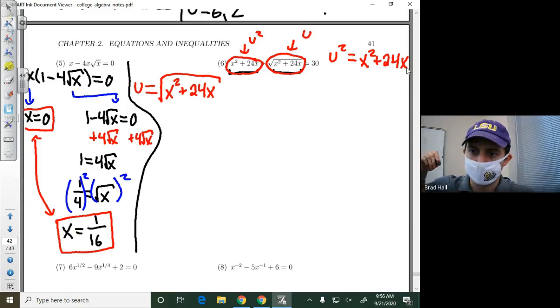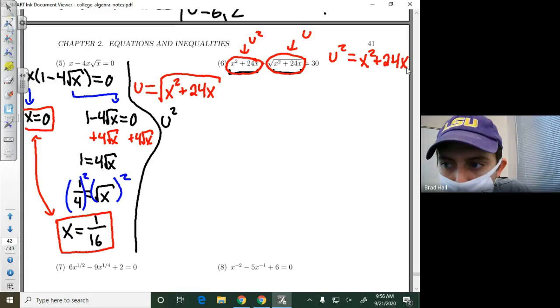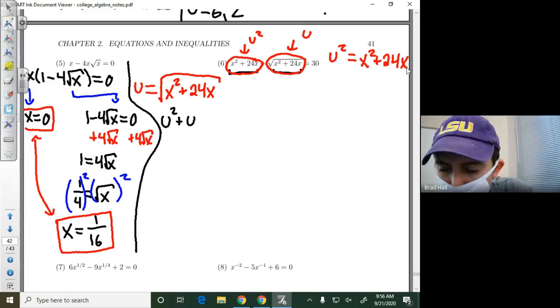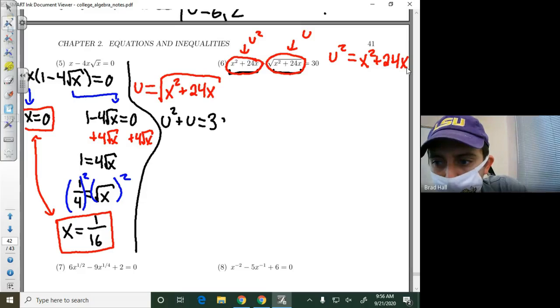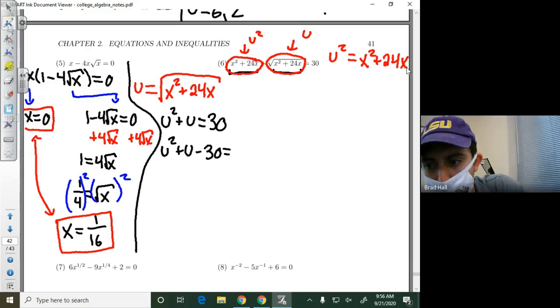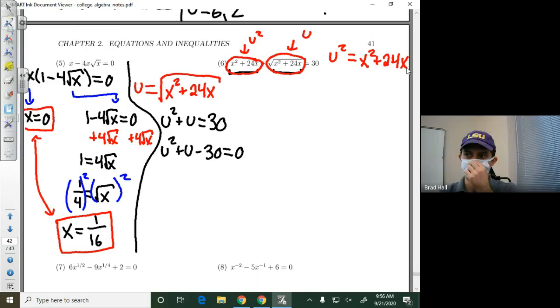So now we can go ahead and apply the u substitution, which would be u squared plus really u is equal to 30. Or in other words, u squared plus u minus 30 is equal to 0. So we can get it into standard form right quick.